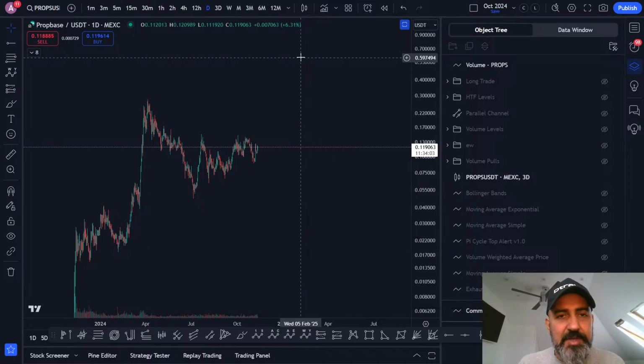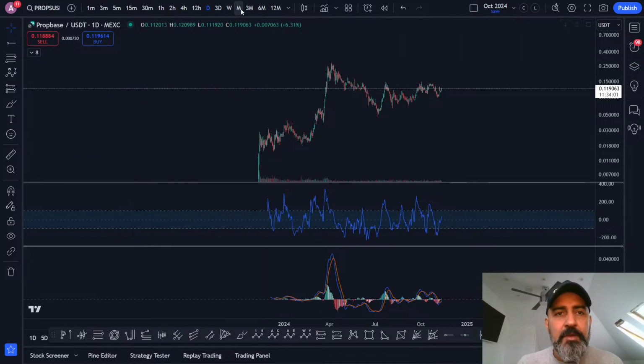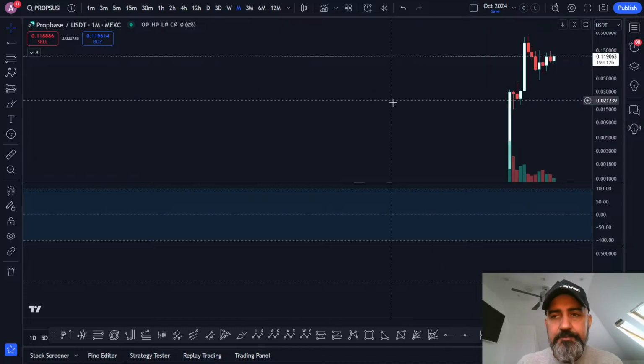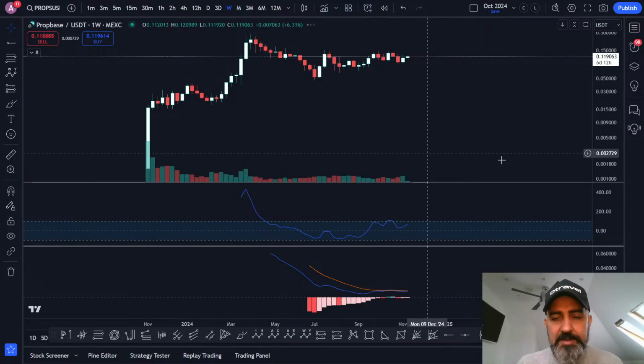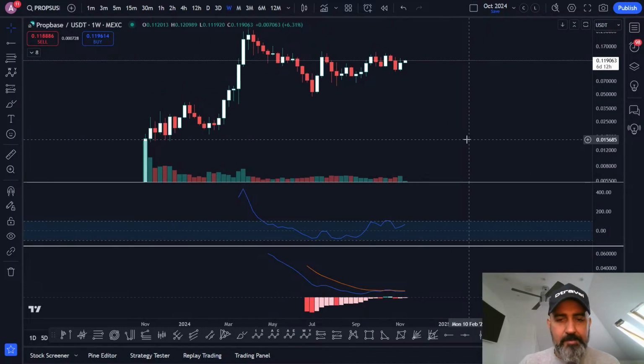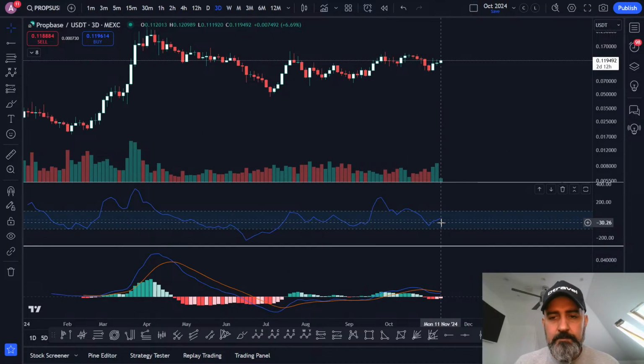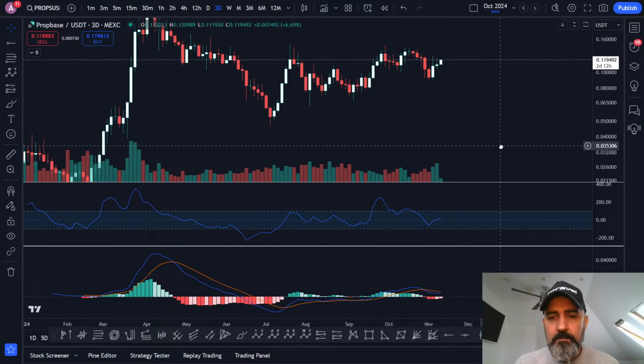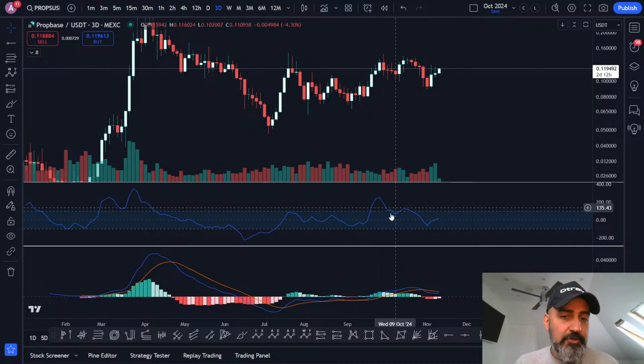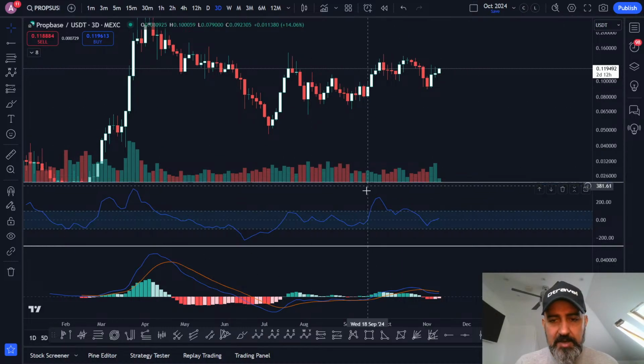Let me have a look at some other things here. I look at the higher time frame, my indicators. Getting me a bullish divergence here on the CCI.